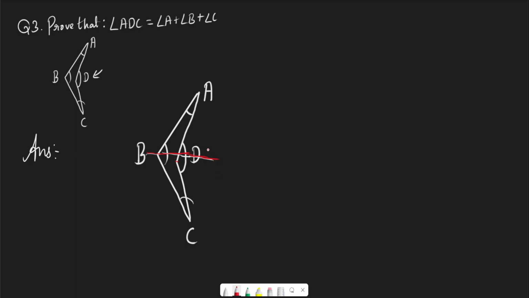Now, to know the entire angles here, we could just sum them up. So let's just do that. So that means angle A plus half angle B is equal to half angle D. Why is it half angle D, you may ask?